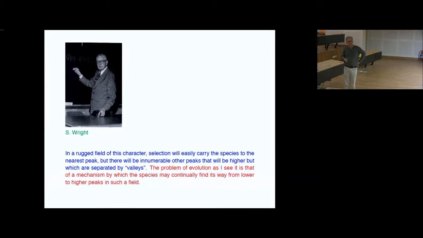The problem of evolution, as I see it, is that of a mechanism by which the species may continually find its way from lower to higher peaks in such a field. So he conceived this as a kind of obstacle to evolution, right? He said, okay, evolution will find suboptimal solutions, but to actually find the best solutions, you have to find some way of crossing the valleys.